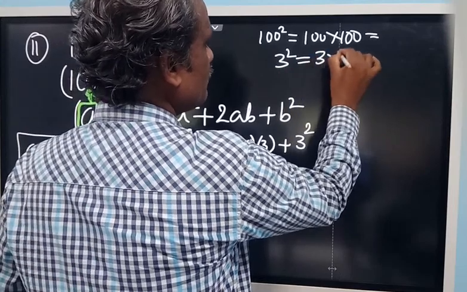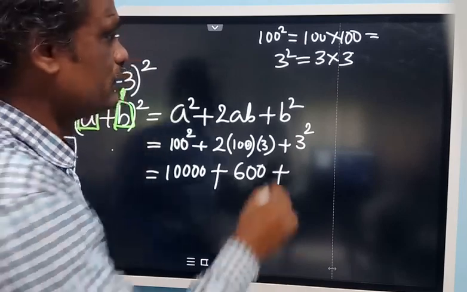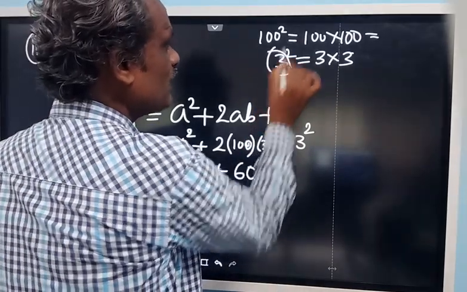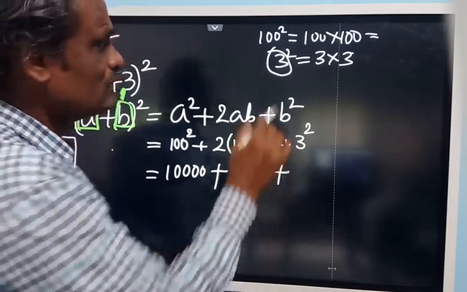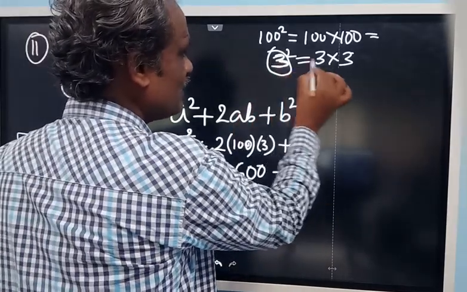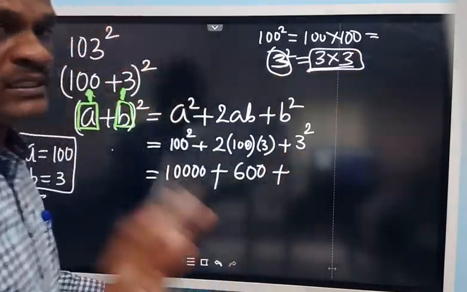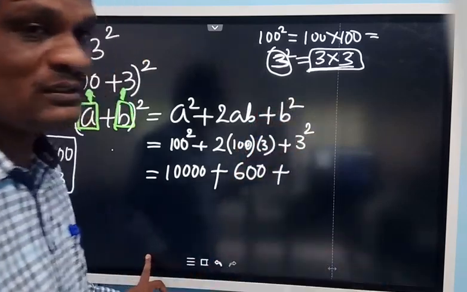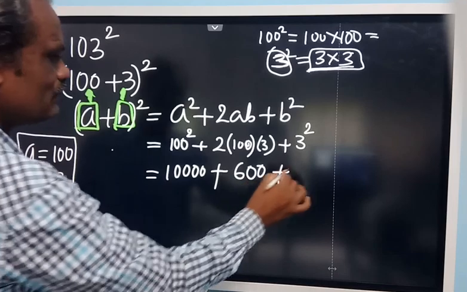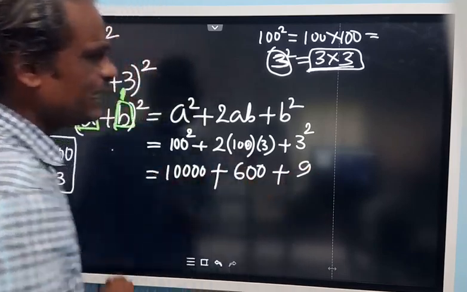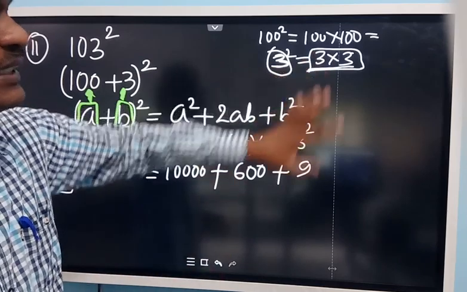It is not 2 into 3, it is 3 times 3: you have to write 3 two times, and repeat it. 3 into 3 is 9. So 3 square can be written as 3 into 3.